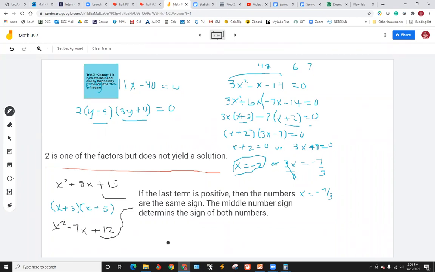The third number is positive, so that means that both of the numbers have the same sign. Well, what is the sign of those numbers? It's negative. So in this case, it's x minus 3, x minus 4.